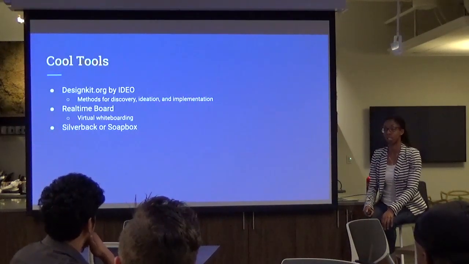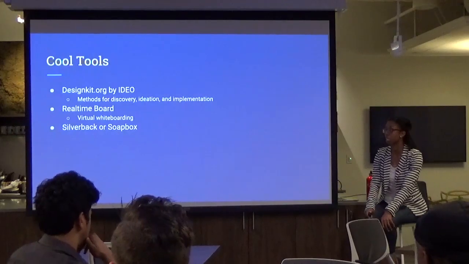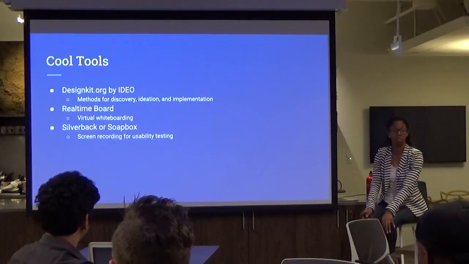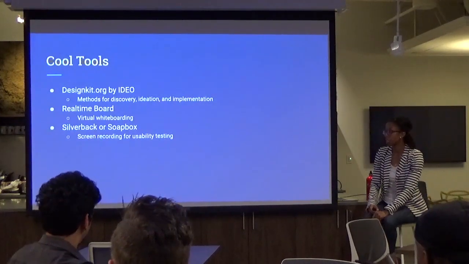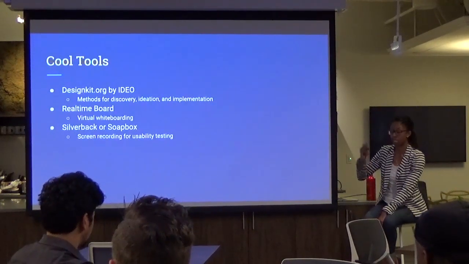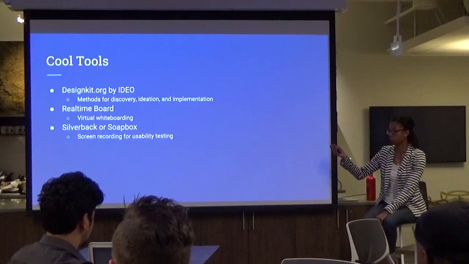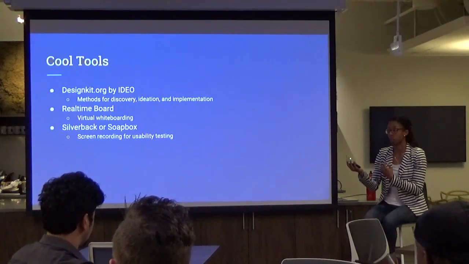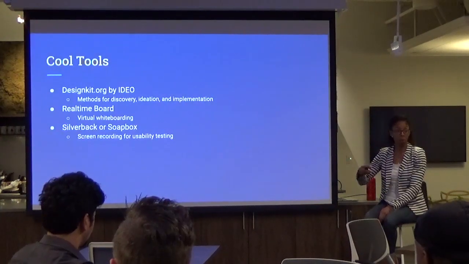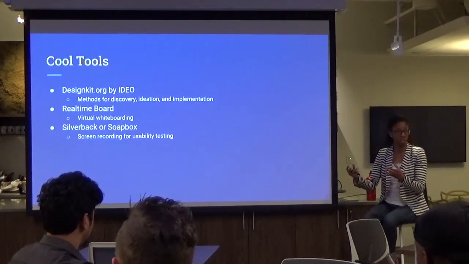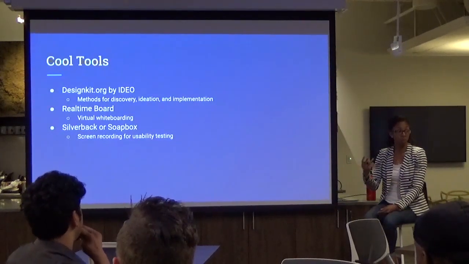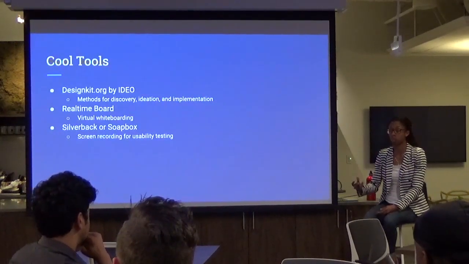Silverback and Soapbox. So these are some of my favorites. And really what this is for is really great for screen recording for usability testing. So Silverback is like a step above Soapbox, and basically what both of them do is they record both ways. So if you're interviewing someone in person, it will record the person's face, and it will record the screen.